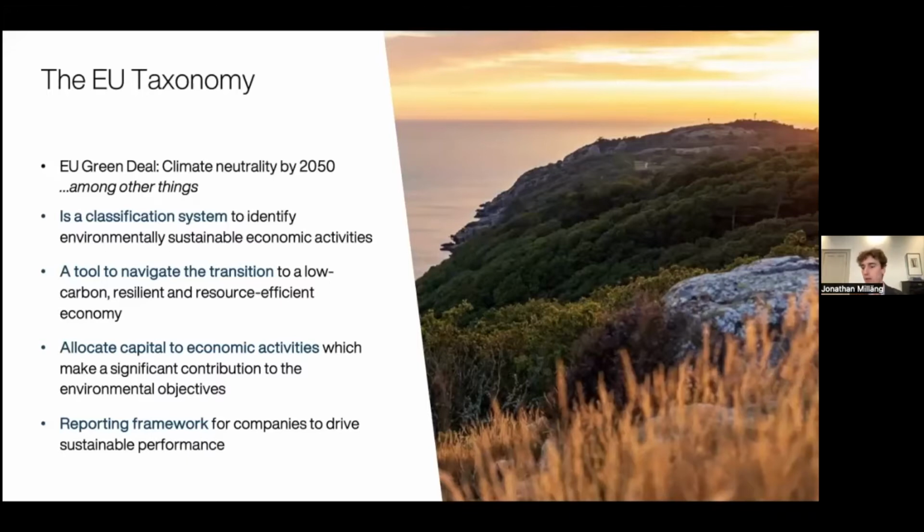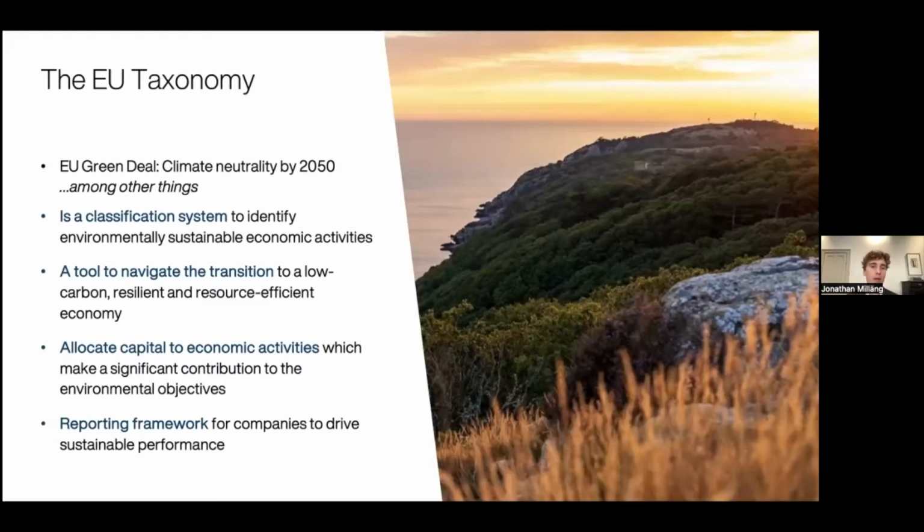So if the EU is to reach this goal of climate neutrality by 2050, then which levels of emissions and environmental impact should each industry basically be at? What level of emissions can we tolerate from, for example, the cement industry?